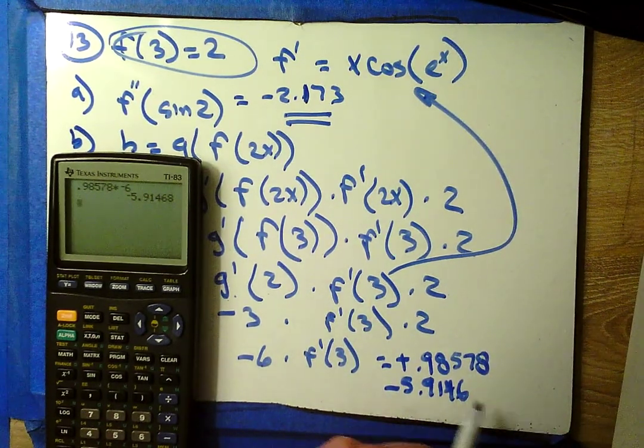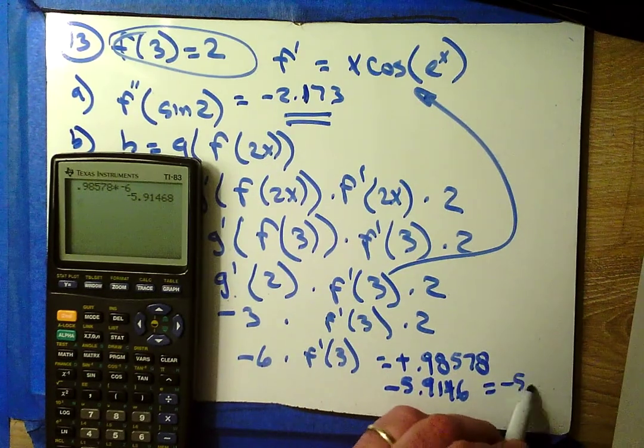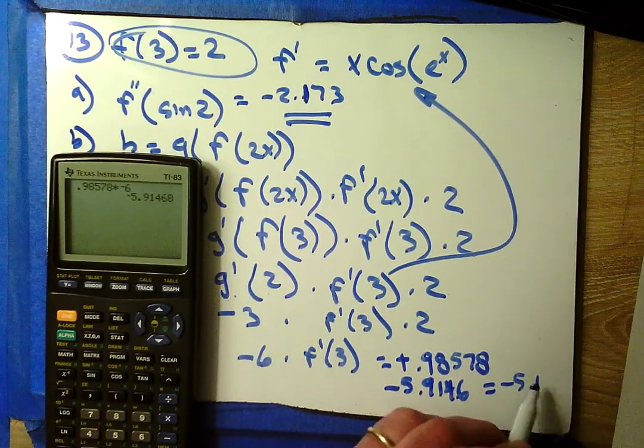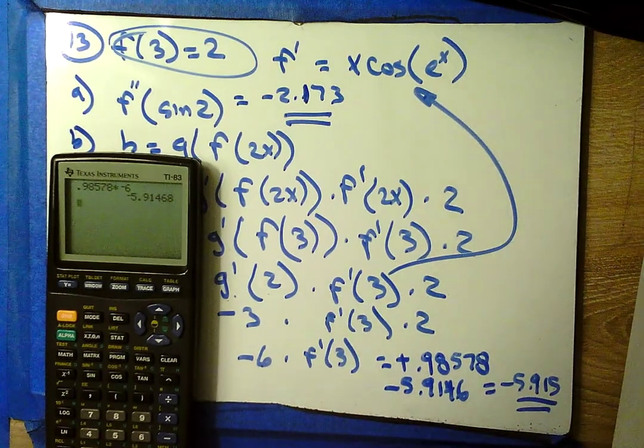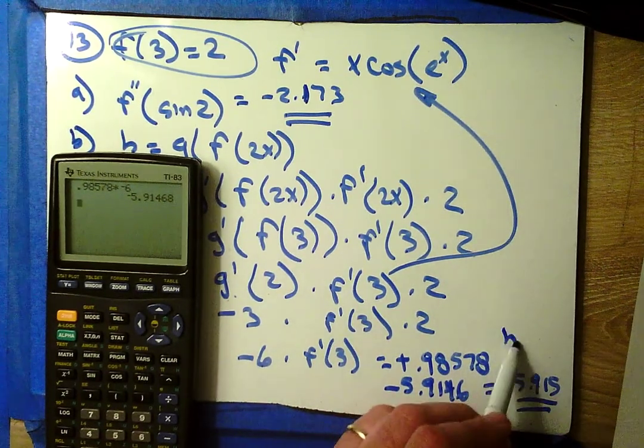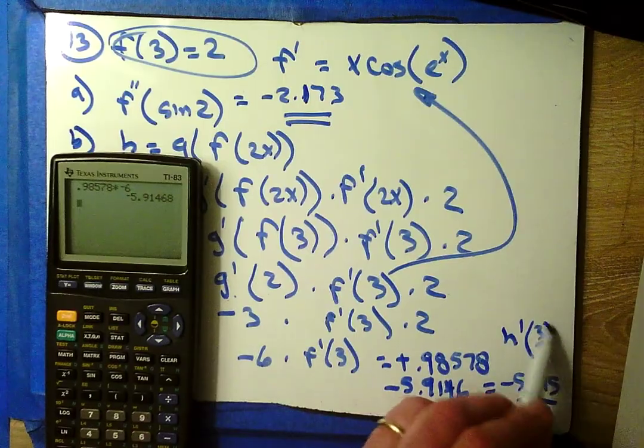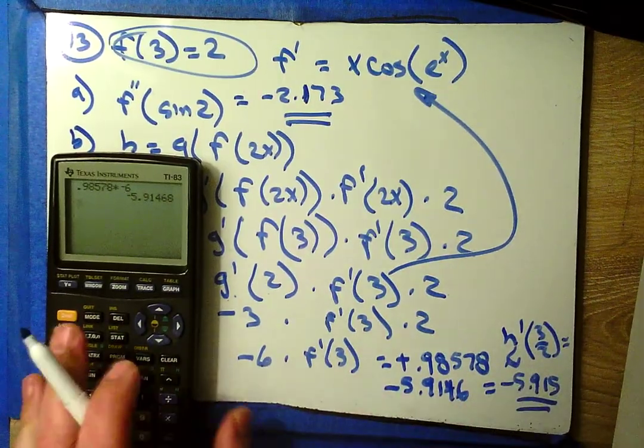Yes, so negative 5.1915, rounded to 3 places. And that's good. There's my h prime of 3/2 equals that.